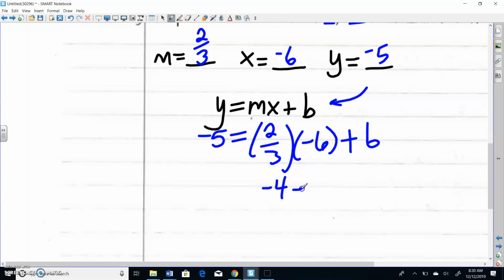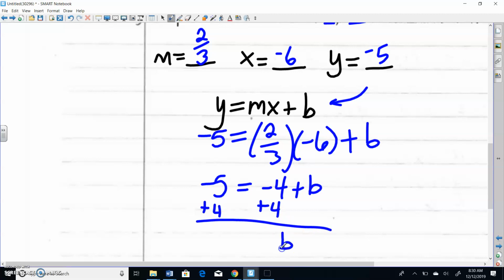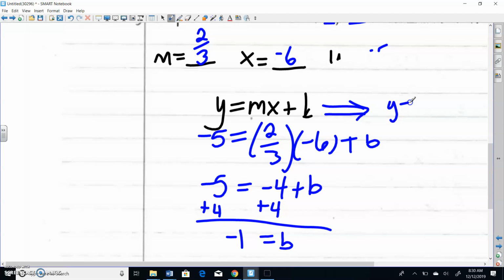So I have -4 plus b on the right, -5 on the left. I want to get rid of the 4 so that I can solve for b, the y-intercept, and I get b equals -1. Now I come back up to that equation, and I plug in what I know for m and for b. That gives me the equation y equals 2/3 x minus 1.